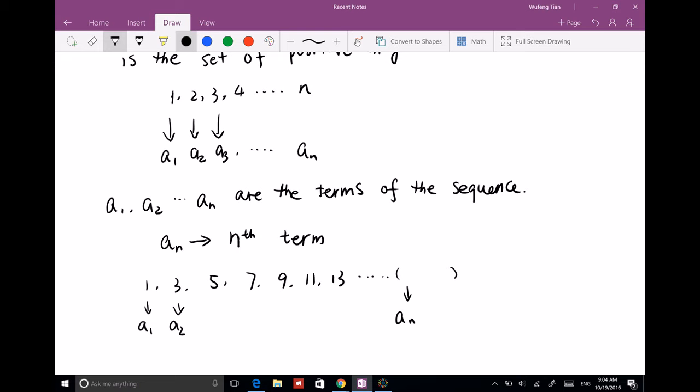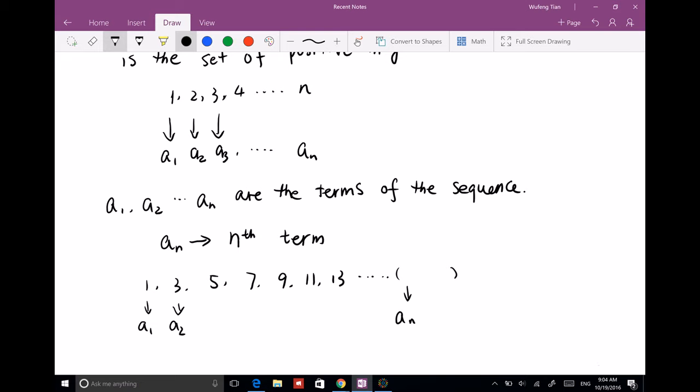Can anyone tell me what the nth term is? I think it's going to be the first term plus n minus 1 times the difference between the numbers. Very good, thank you, Lacey.